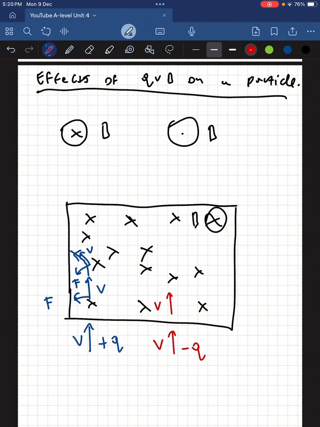So let's use Fleming's left hand rule for the negatively charged particle. We put our index finger into the page, we put our middle finger in the direction of V, and now our thumb again points to the left. But because it's negatively charged, we have to flip our thumb, so our thumb points to the right. So this is the direction of the force, which is again perpendicular to the velocity.